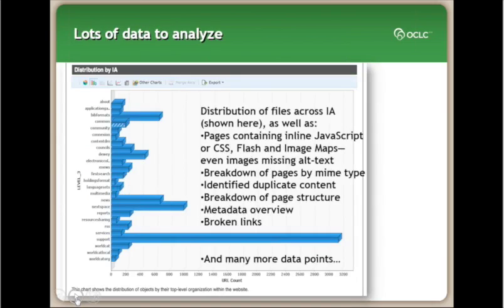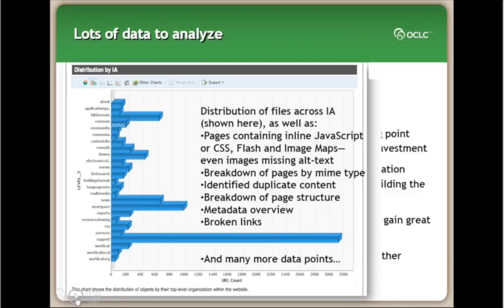So here's just an example of one of the reports they gave us that shows a distribution of our files across our information architecture. So you see that nice long line there. Those are our support files. You can tell we had a lot more support content than anything else on our sites.